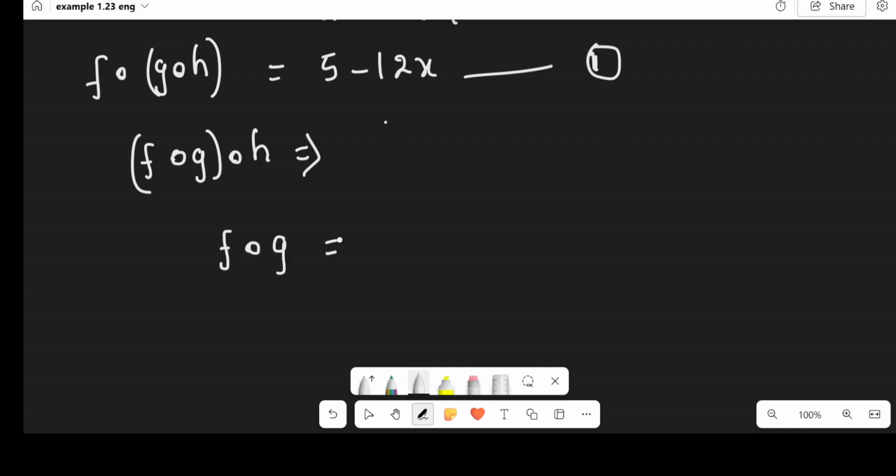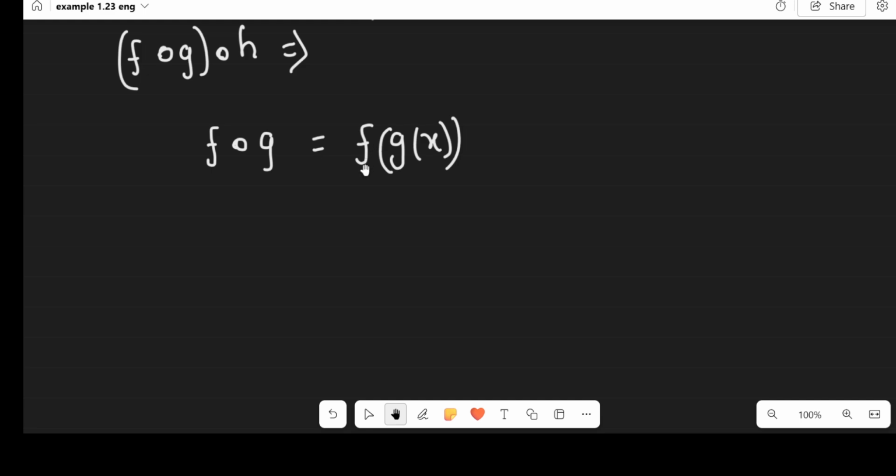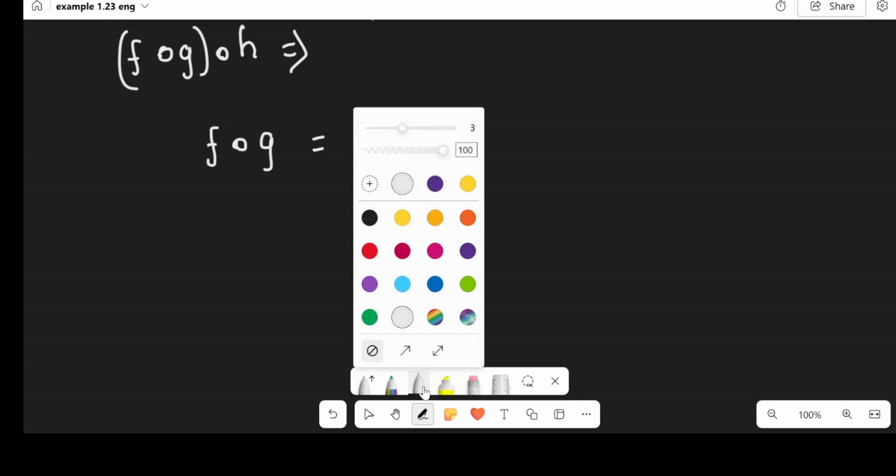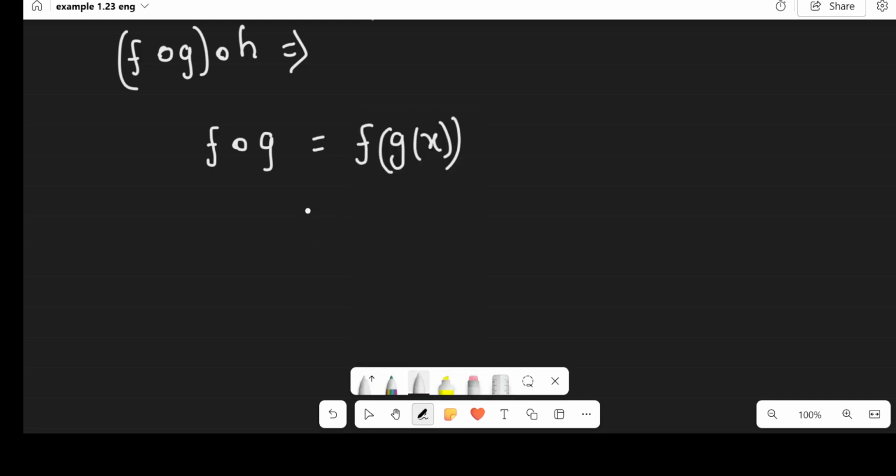How can we expand f of g? We can write f of g of x. Now, what is the first function and what is the second function? Here f is the first function, g is the second function. Now we should apply the value of g of x here.